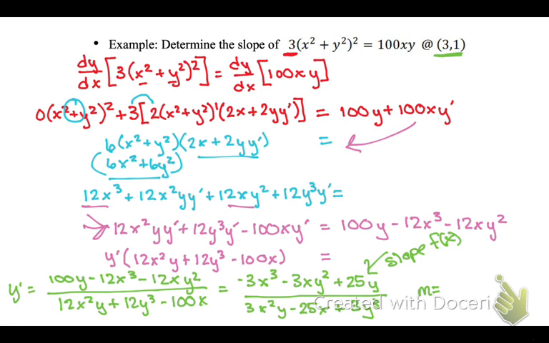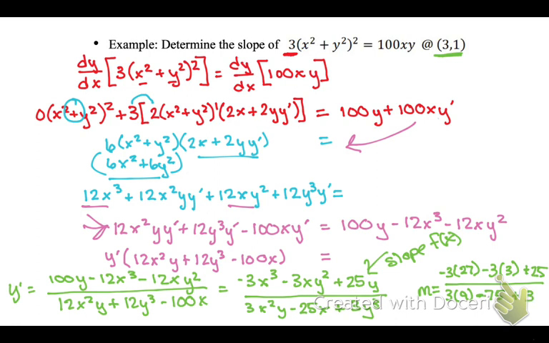So, negative 3 times 27. 3 cubed, 27. Minus 3 times x times y squared. 1 squared is 1 times 3 is 3. Plus 25 over 3 times 9 minus 75 plus 3.